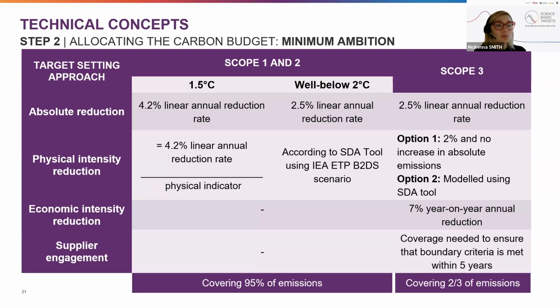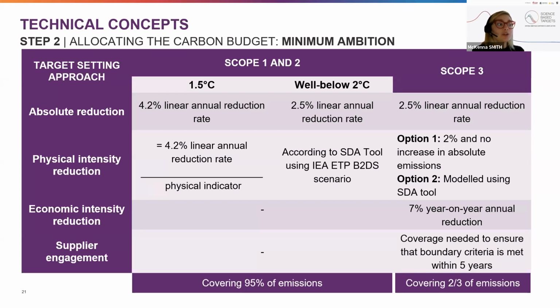For scope 3, right now, the minimum is 2.5% linear annual reduction rates in order to be in line with our version 5 criteria for scope 3 reductions. This is a well below 2C pathway, and this is only because we realized that companies are still figuring out scope 3. There's a bit more flexibility we're going to give companies until we have the same certainty that we have on a lot of the scope 1 and 2 emissions right now.